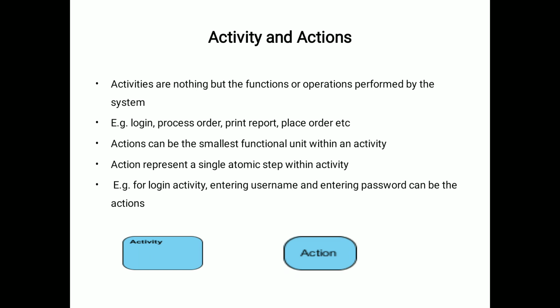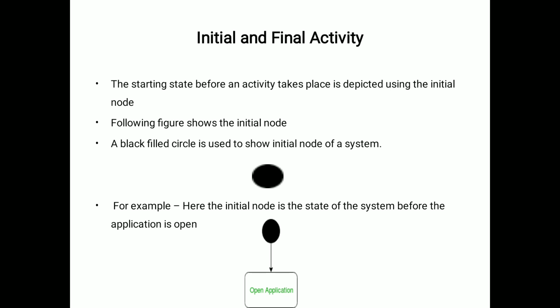Now we'll see the next topic, that is the initial and final activity. Now see, this is initial and final activity. For both the sign is same, but for initial activity, as it is initialized, control flow is to the next step, and for the final activity, the control flow is to the end, that control flow is different.